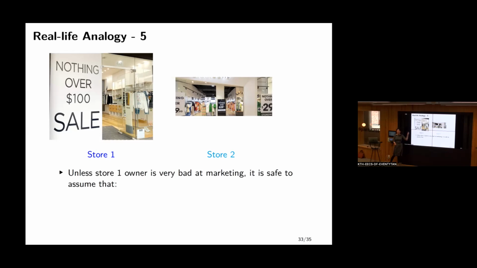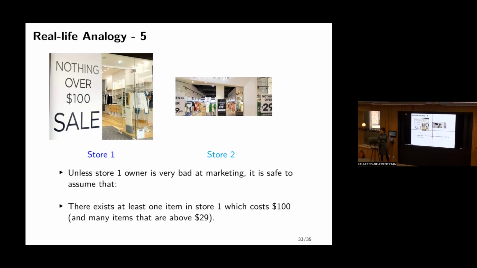It would be silly for store one to put a sticker that says $100 if every item in their shop was below $75. It would be terrible marketing, right? So this is about the existence and construction of that: what is the most expensive item in the store?